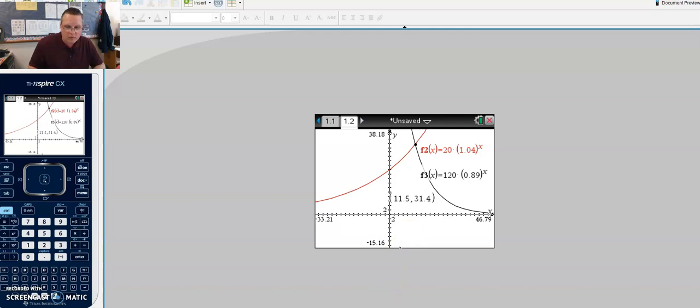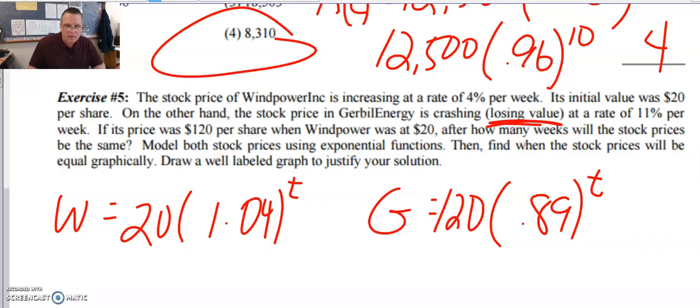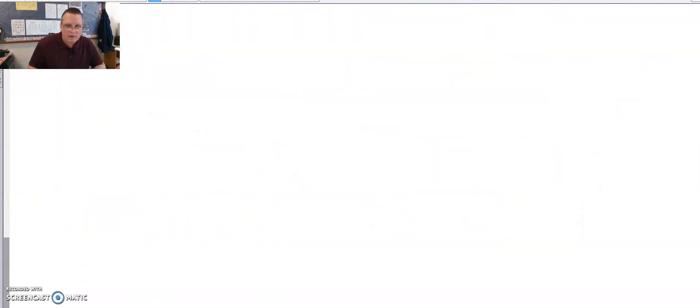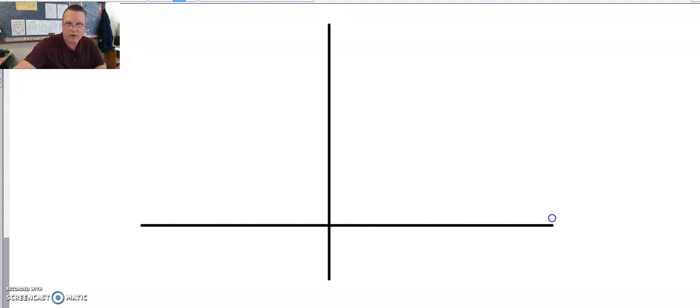So if you go to the graph, I'm going to get down here, extend my page, and we'll just draw a couple of lines here. So we had 20, and the other one was 120. It's all approximate.